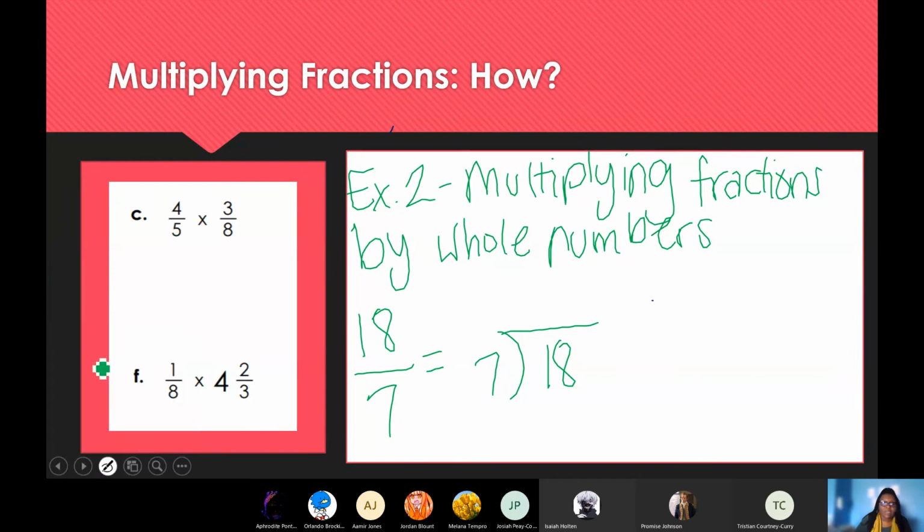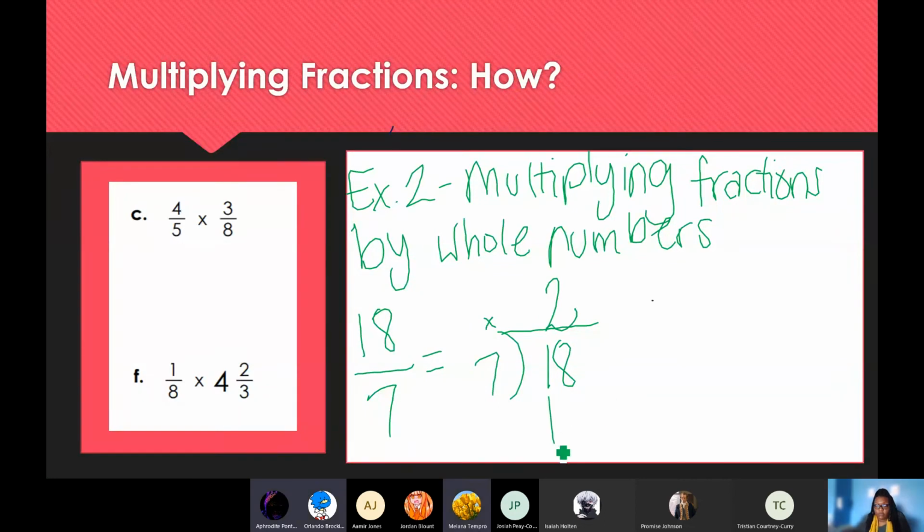Or in other words, 7 times what number will come closest to equaling 18 without going over? 2. What is 7 times 2? 14. I would then subtract, step 3, and I have a remainder of 4. So that remainder will now be my numerator. That 7 will now be my denominator.